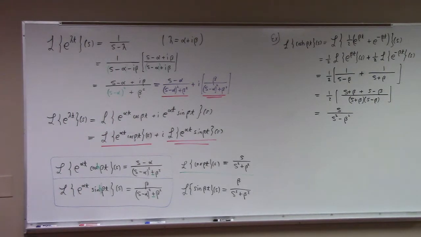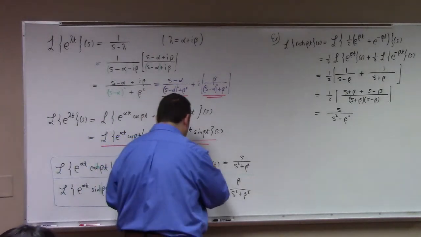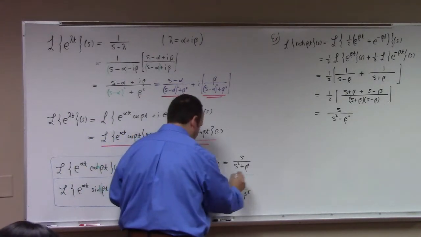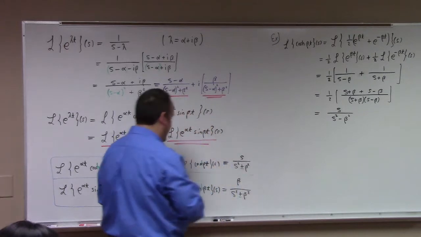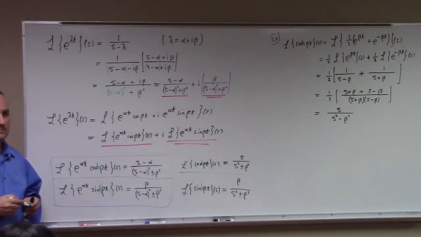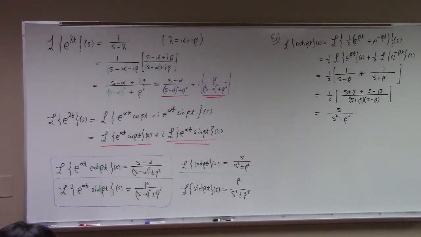Those are the Laplace transforms of hyperbolic cosine or sine shifted by the exponential. Of course, it's more fun to put them over here. That just puts a minus here and here. That's actually what I tend to use. Now, do you need to use cosh and sinh? Not really. But they're there if you want to think about them.